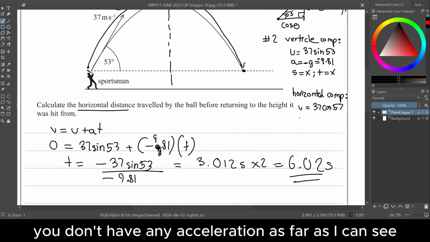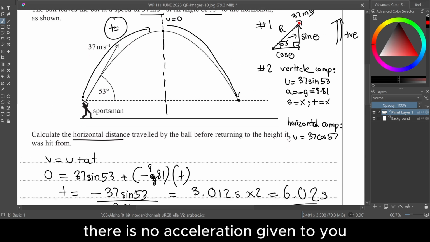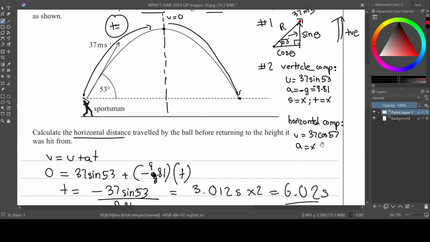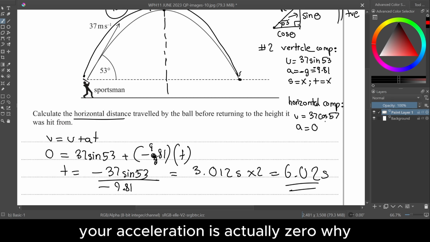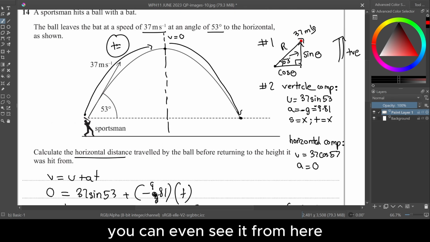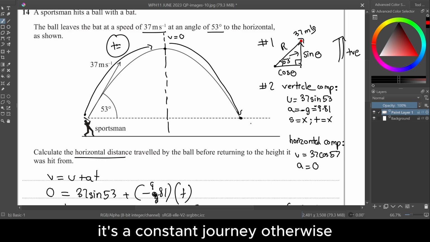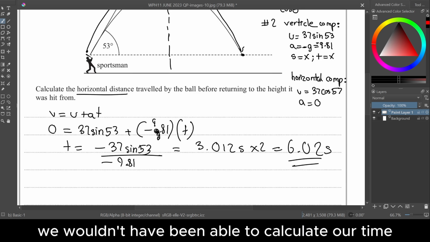You don't have any acceleration. As far as I can see, there is no acceleration given to you, and even without it, your acceleration is actually zero. Why? Because it's a constant journey. You can even see it from here. Otherwise, we wouldn't have been able to calculate our time.